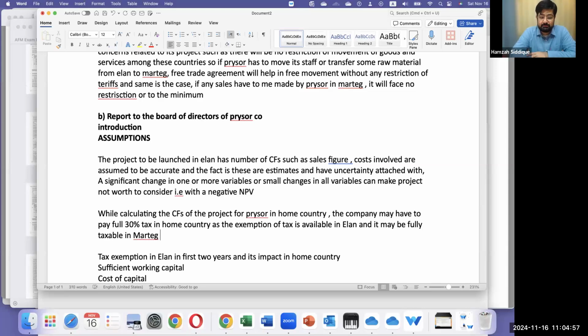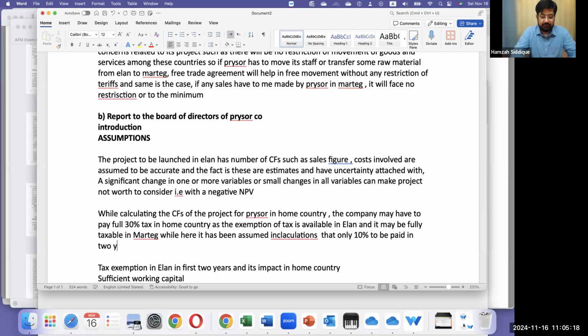While here it has been assumed in calculations that only 10% is to be paid in the first 2 years in home country.